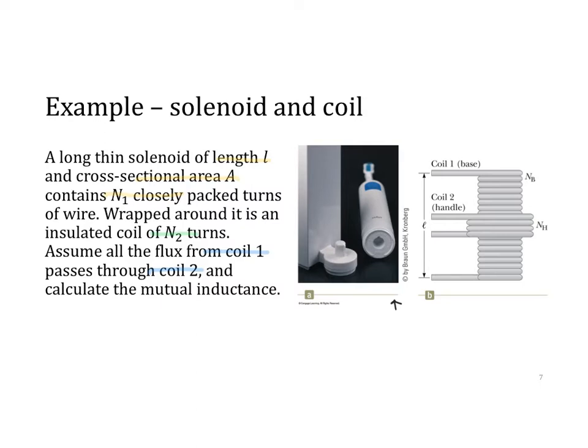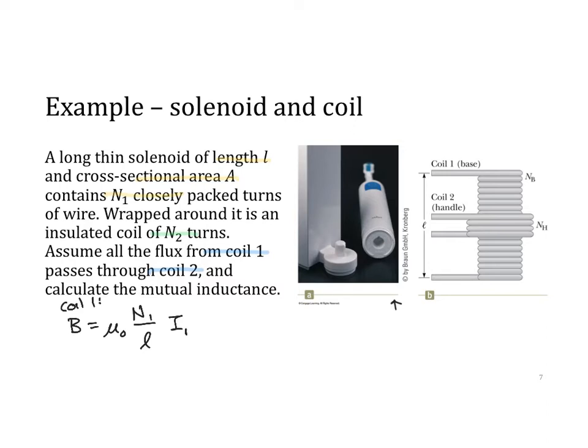So what we're actually going to do is say that this long, thin solenoid has a magnetic field. All right, so we know the magnetic field from solenoids is going to look like this. And remember, this is our coil 1.